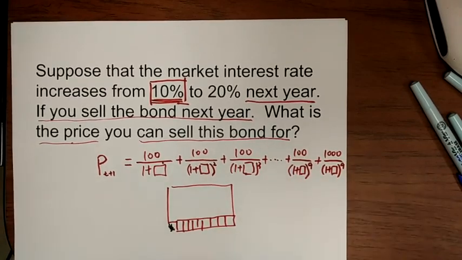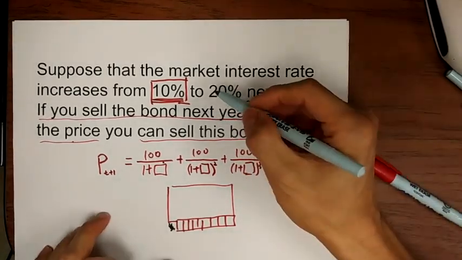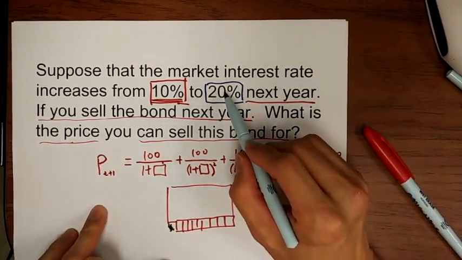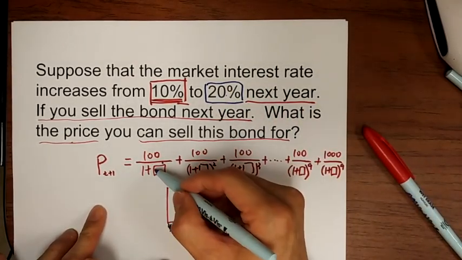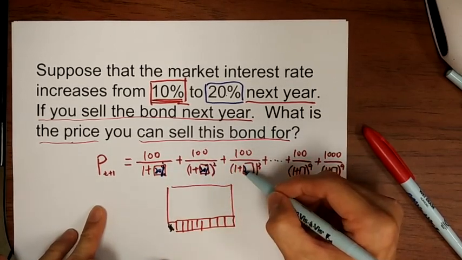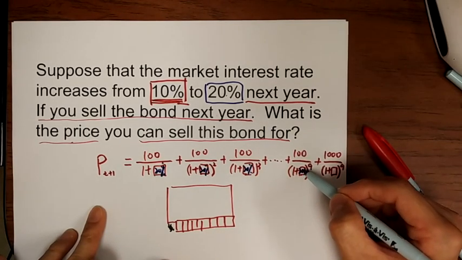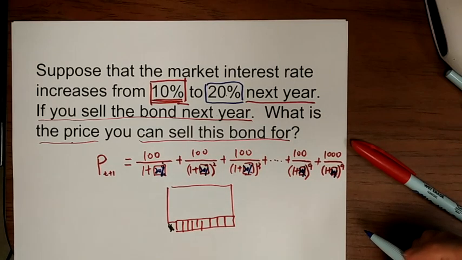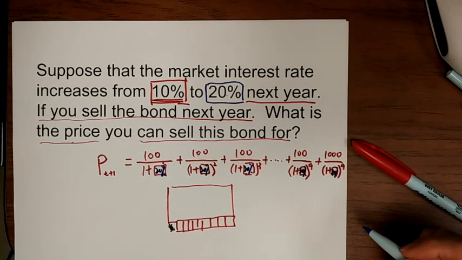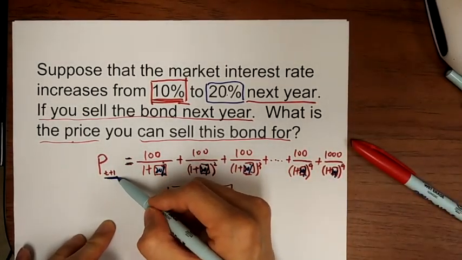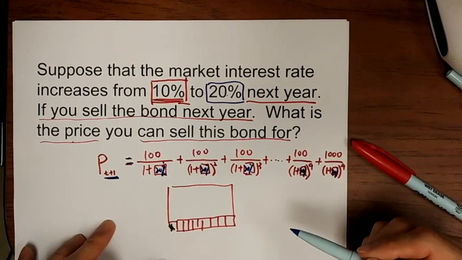The answer is he is going to use 20%, the market interest rate at that time, to discount his future cash inflows and calculate the price of the bond next year.